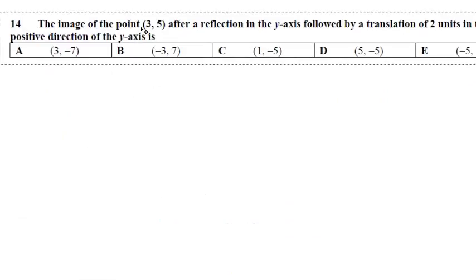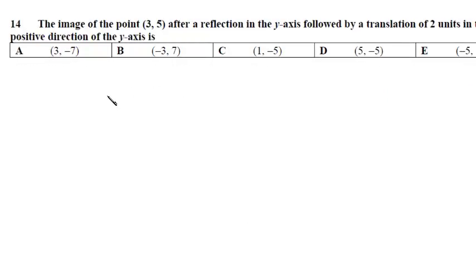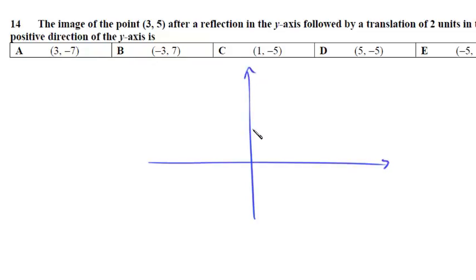So there is a point, 3, 5. 3, 5 is 1, 2, 3, 1, 2, 3, 4, 5, somewhere there. Now this is going through reflection in the y-axis. So that goes over there.